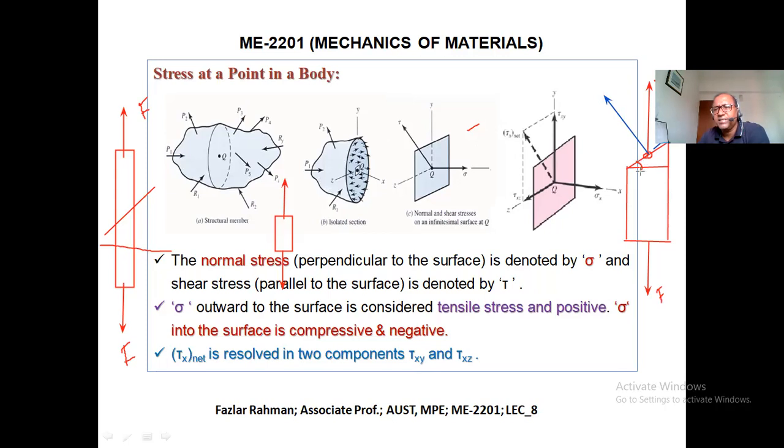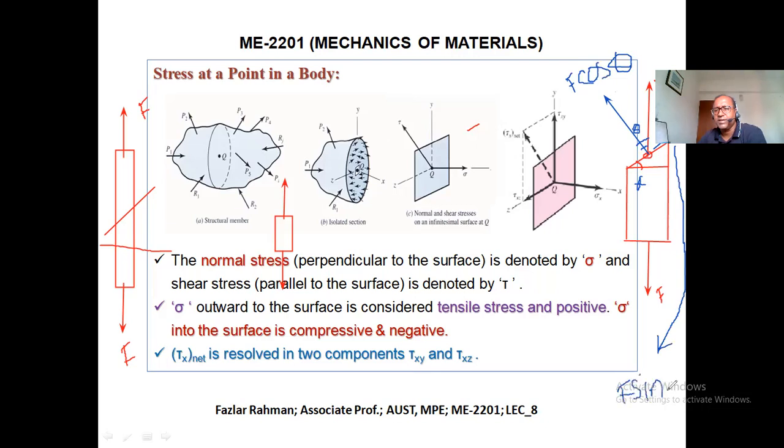If this angle is theta, then this angle is also theta. Then this F I can resolve into components. This component will be F cos theta, and this component will be F sin theta.